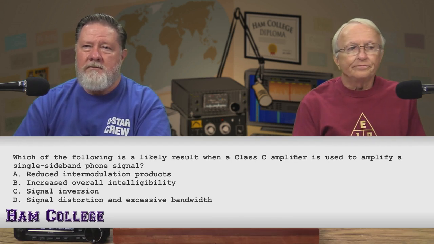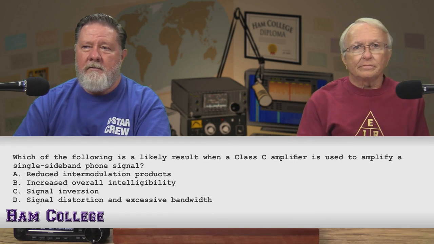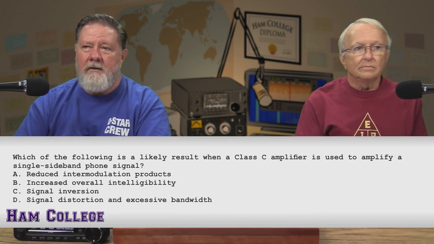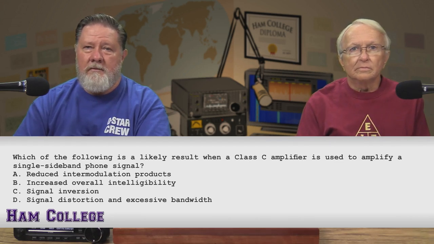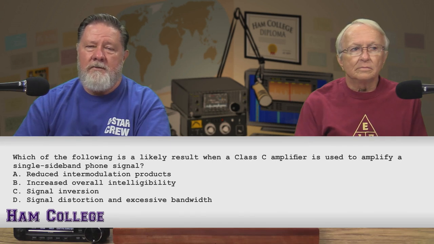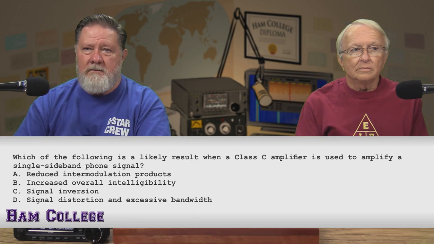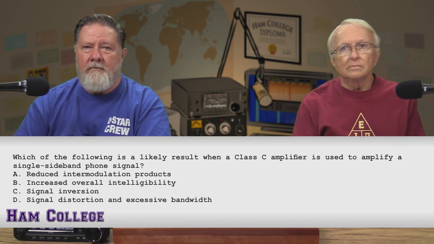Class C is worse than A and B. Reduced intermodulation products, I don't think that's it. B, increased overall intelligibility, I think the opposite would be the case. Signal inversion, I don't think so.